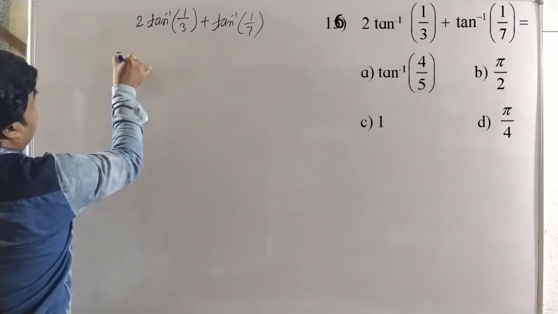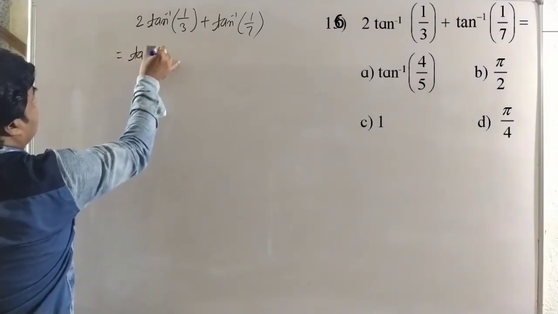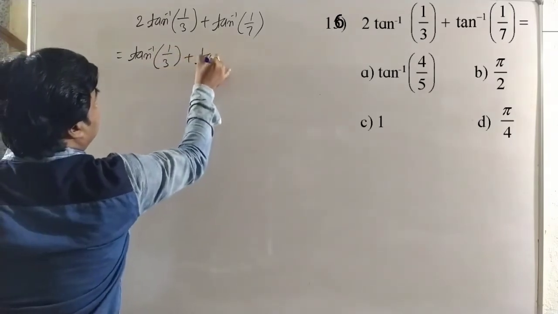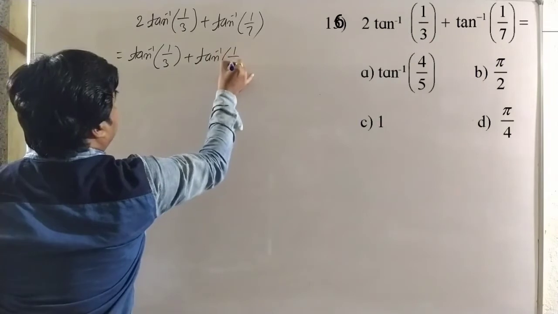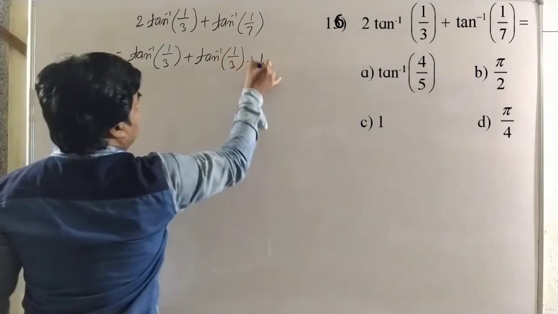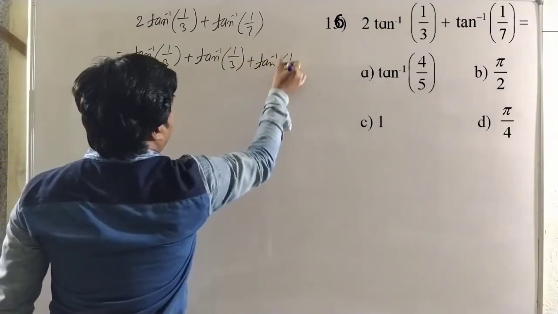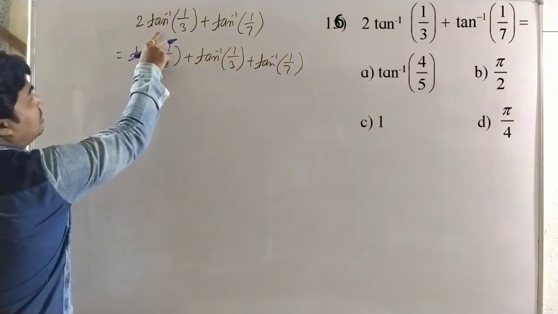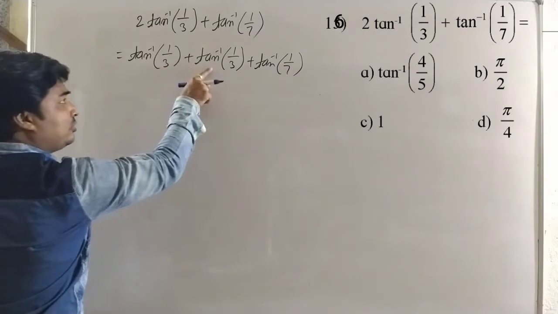So here we use tan inverse 1 by 3 plus tan inverse 1 by 3 plus tan inverse of 1 by 7. See carefully: 2 tan inverse 1 by 3 is tan inverse 1 by 3 plus tan inverse 1 by 3.